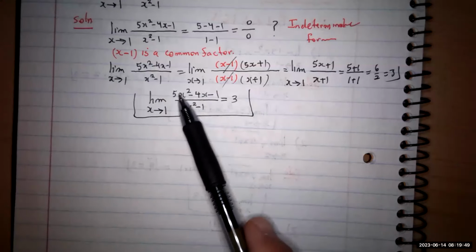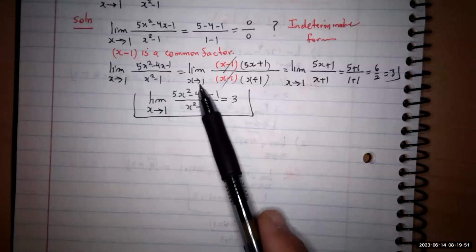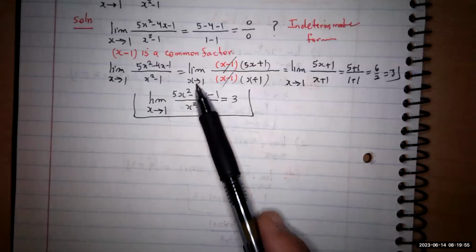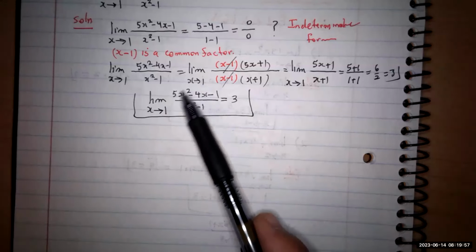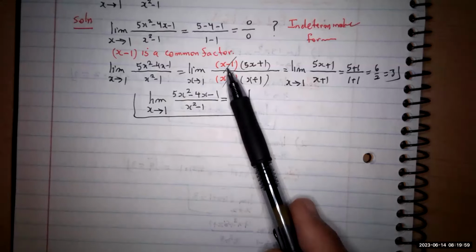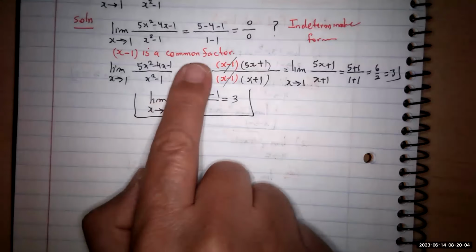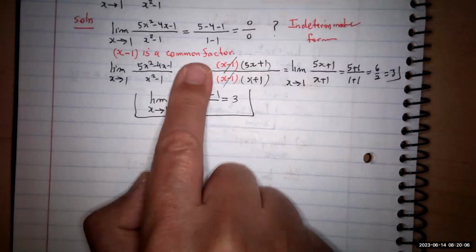If you put the limit, x goes to 1 means you estimate x, so x is not equal to 1. It's close to 1. So x minus 1 is not 0, and you can simplify it. If you don't put the limit, you can't simplify it, because how do you know that x is not equal to 1?